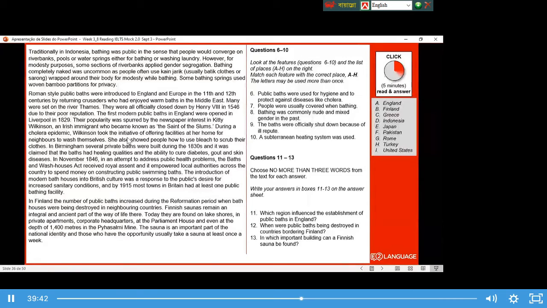Come to point number 10: a subterranean heating system was used. Subterranean.